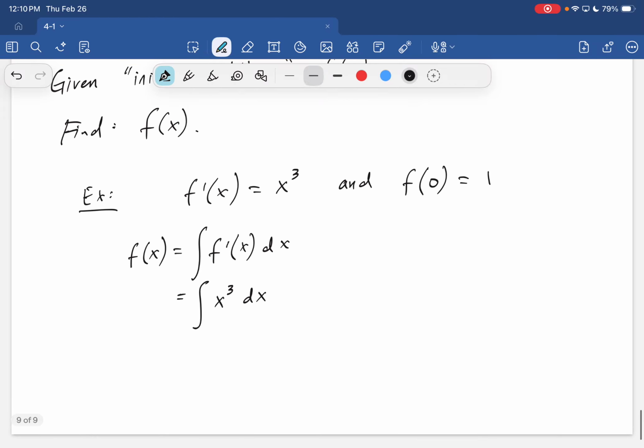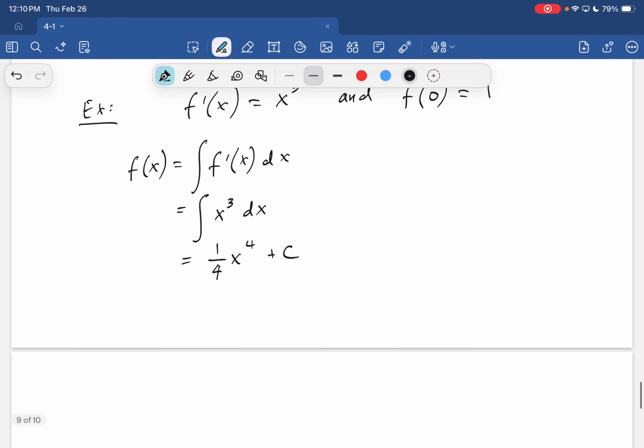Because we're given the derivative, and so to get the original function, we need to do kind of an inverse derivative, which is just an integral. And so f of x is going to be 1/4 x to the 4th plus c. Okay, wait. Agreed? Explain it one time and I got it. Because the integral of x cubed is 1/4 x to the 4th plus c.